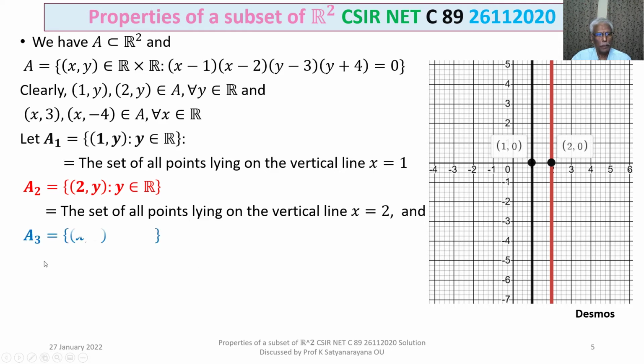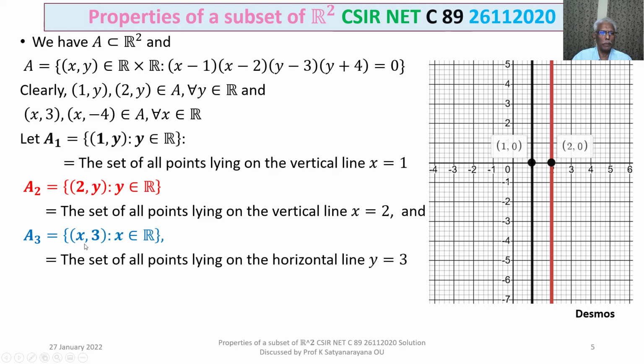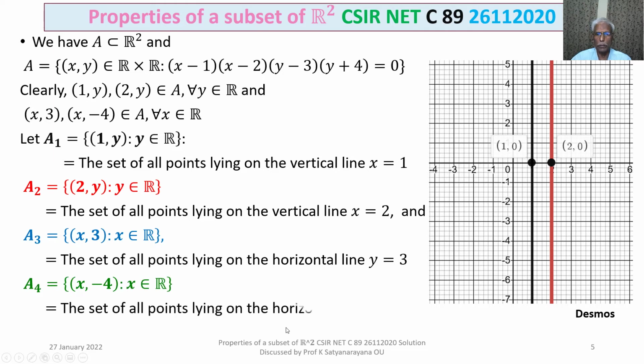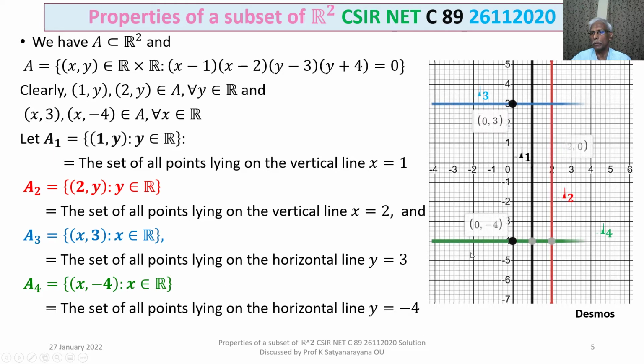Now, A3 is the set of all those ordered pairs x comma 3, x belongs to R, that is the set of all points lying on the horizontal line y is equal to 3. Similarly, A4 is the set of all x comma minus 4 belonging to A, where x belongs to R, and that will be the set of all points lying on the horizontal line y is equal to minus 4.